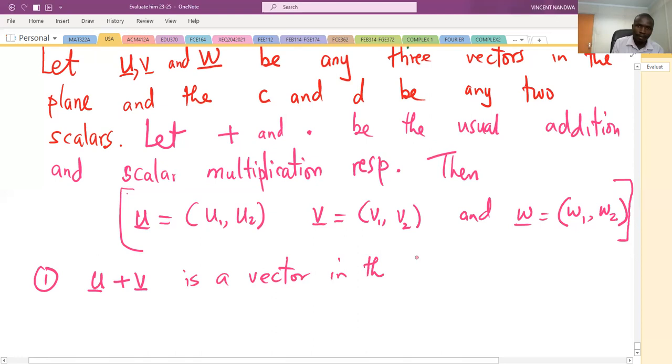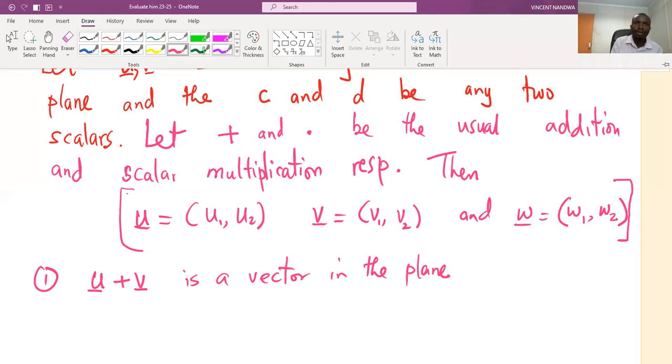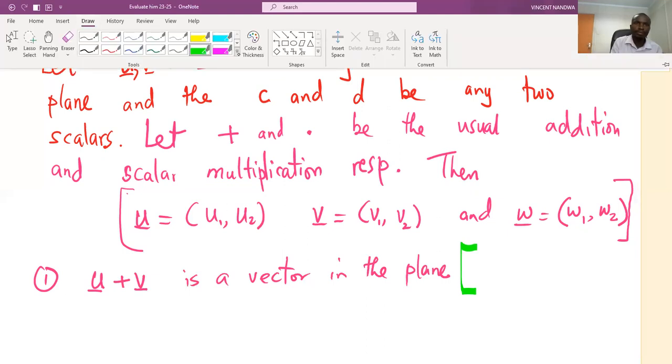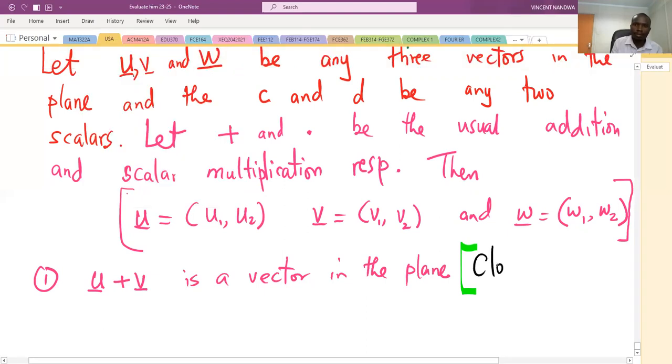Such a property is called the closure property for addition.